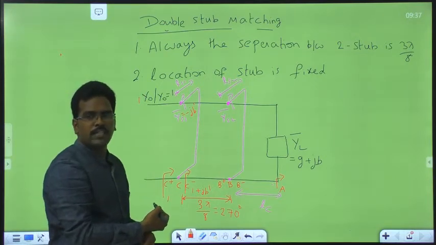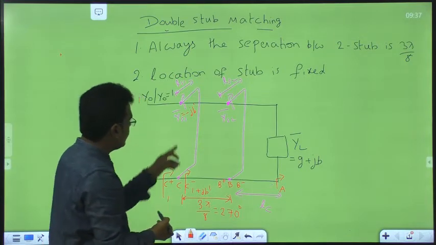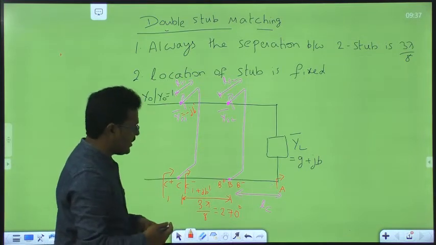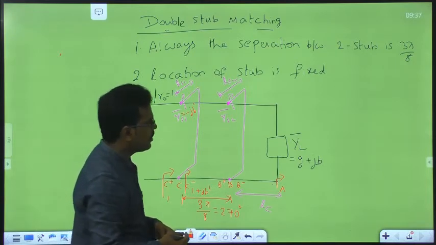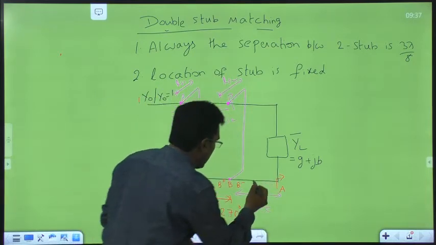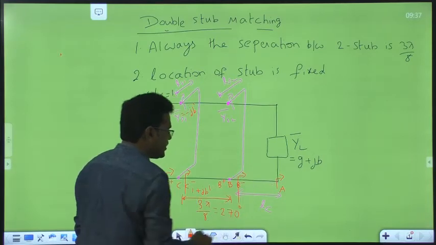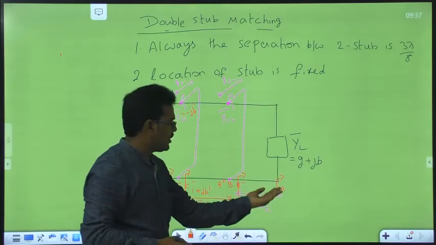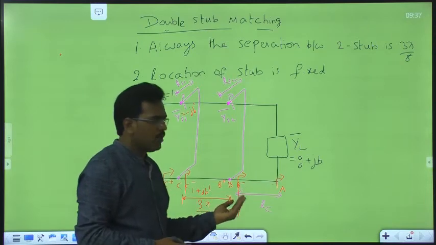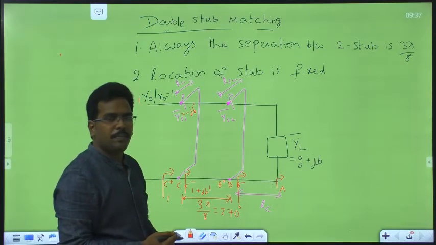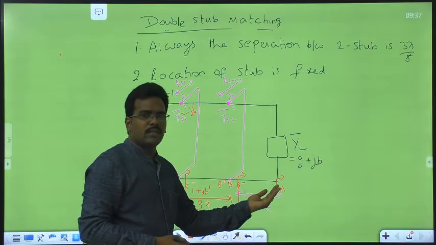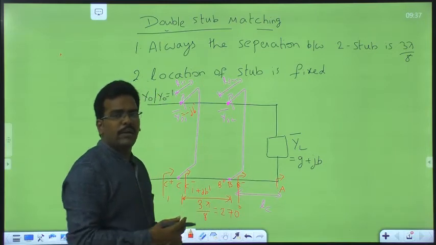The help of single step matching technique. Now, to get 1 plus jB dash here, what do we have to do? After moving, what point have we noted in the previous case? We have to move on the transmission line from load to source by some length L suffix C. We know that as we move on the transmission line, its admittance varies.